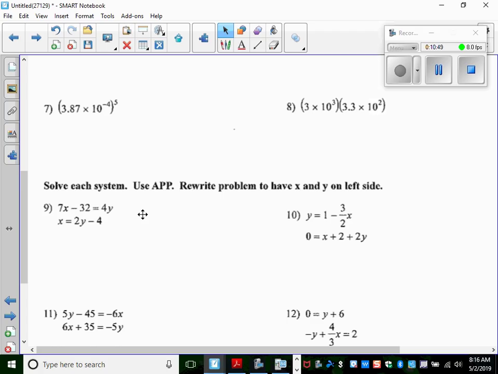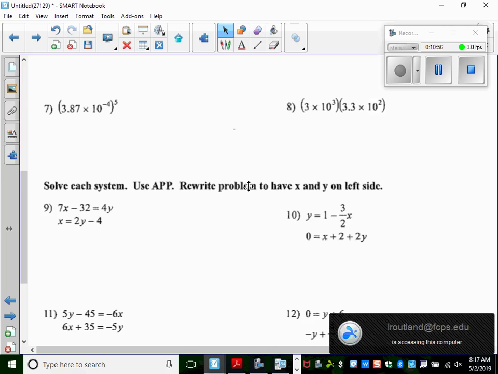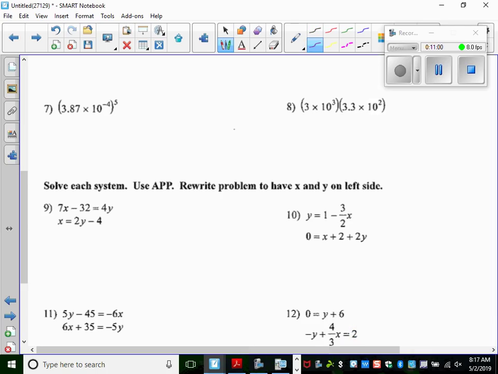So let's just rearrange it so it looks like standard form. And once you do that, you can just put the numbers into the app, hit solve, and it'll tell you what the solution is. Okay, so let's go ahead and just change this to 7x minus 4y equals negative 32.